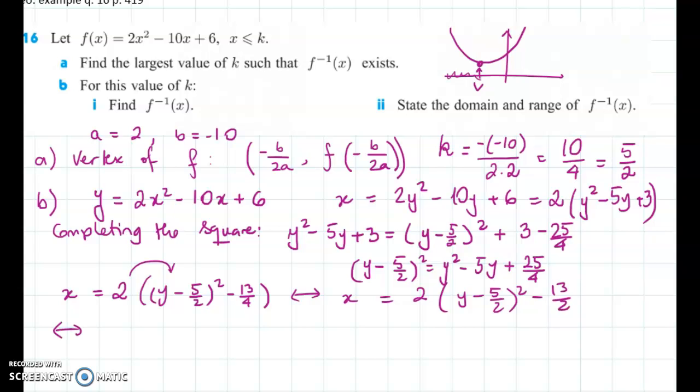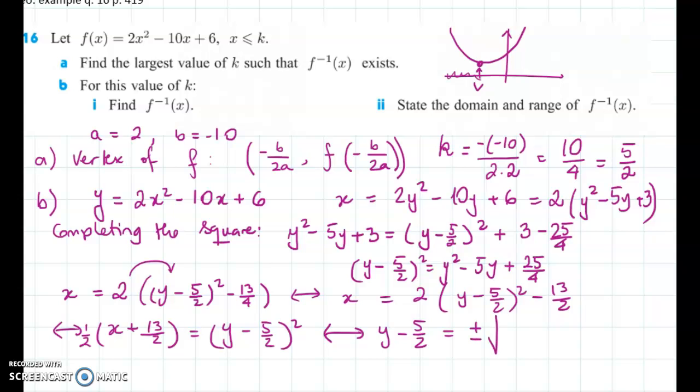So that means that x plus 13 over 2, all of that multiplied by half, is equal to y minus 5 over 2 squared, which means if we take a square root on both sides, that y minus 5 over 2 is going to be either plus or minus, we have to decide that, the square root of a half times x plus 13 over 2.